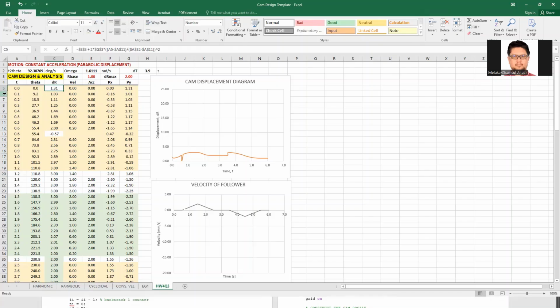So what else? We have to change this range from A5. Either you go with the time in A column or you go with the theta in the B column. I think for the most part it'll be almost the same. But for now, let's go with the time. So time will be A5 minus this one, change it to A5.